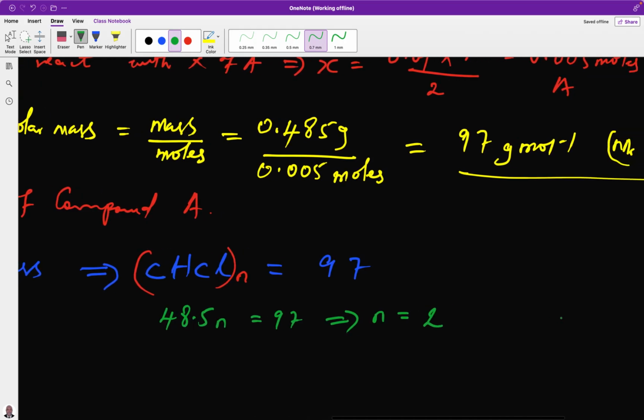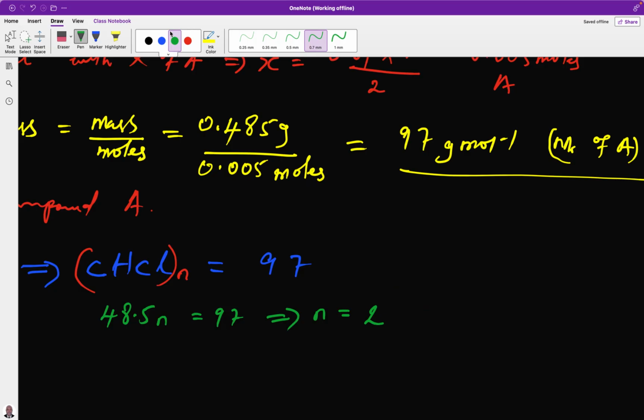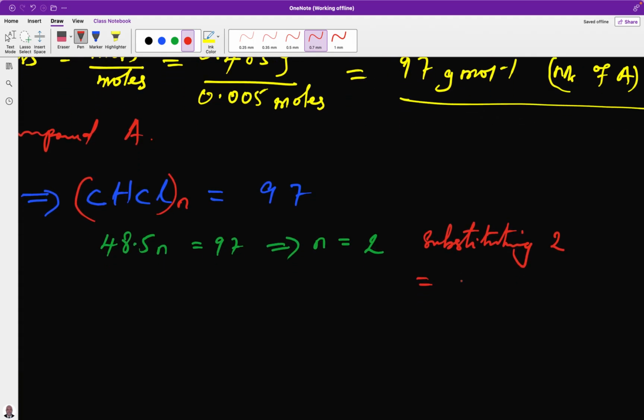And if we now substitute 2 into our molecular formula, for the final molecular formula of the compound, if n is equal to 2, 2 times C will be C2, 2 times H will be H2, and 2 times Cl will be Cl2.